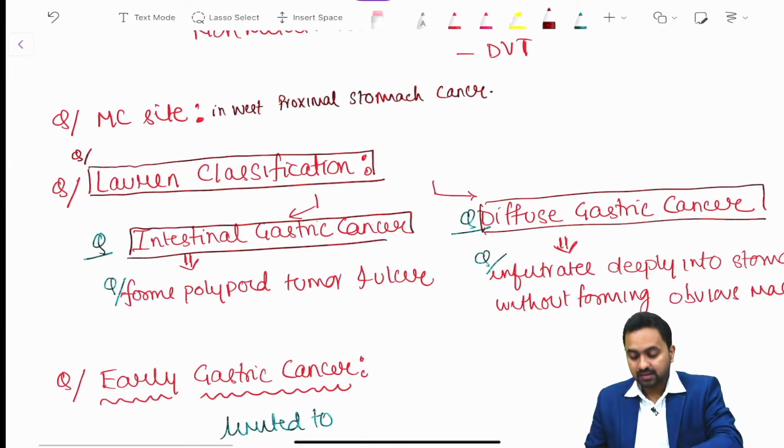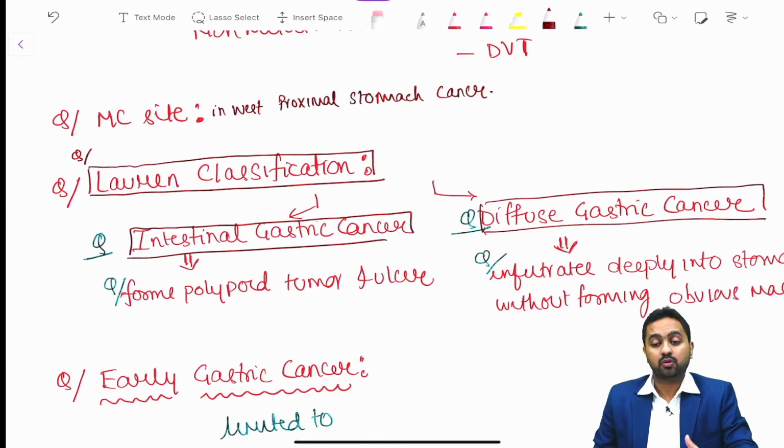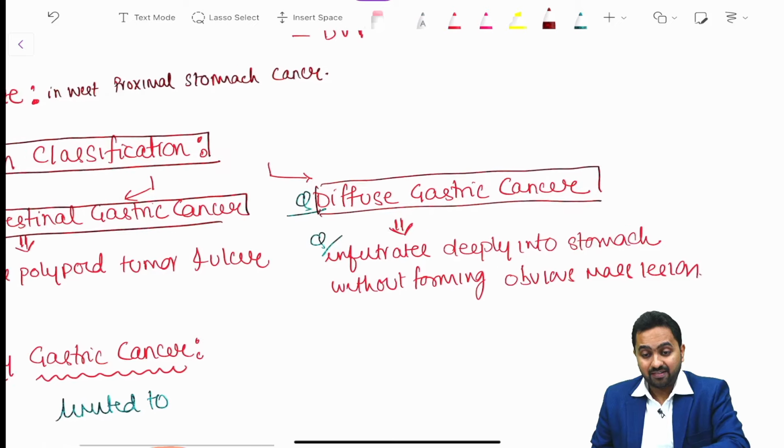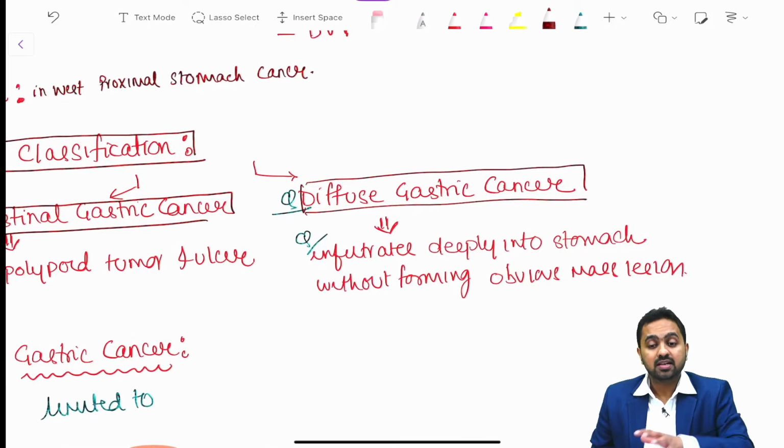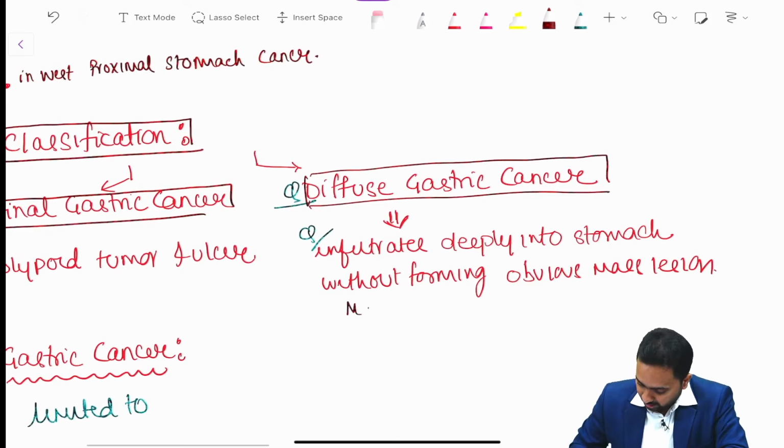Intestinal gastric cancer forms polypoid tumors or ulcers, whereas diffuse gastric cancer infiltrates deeply into the stomach without forming any obvious mass lesions, and may be associated with signet ring cells.